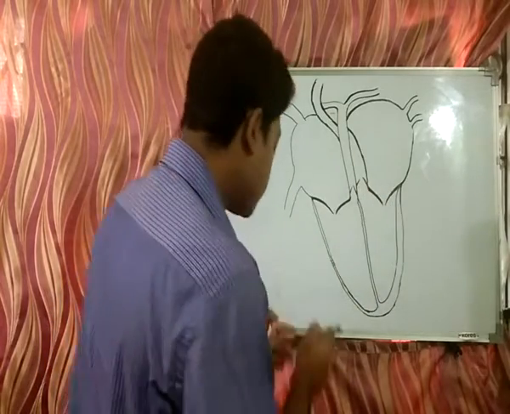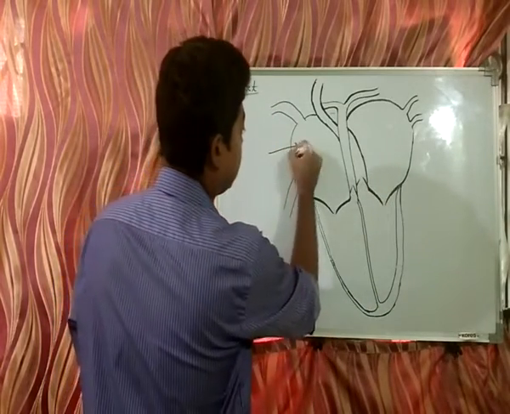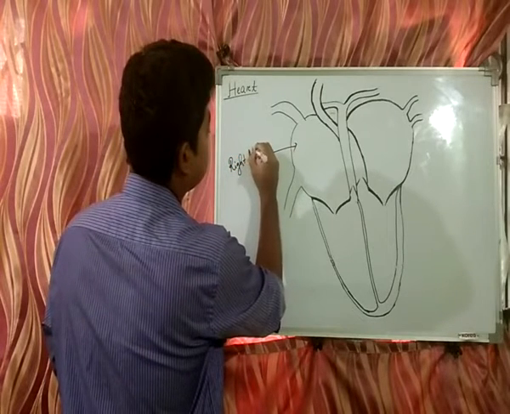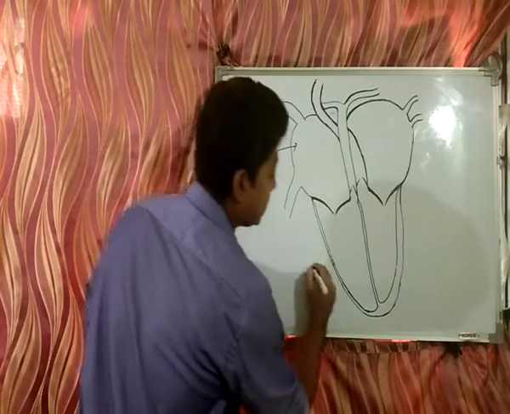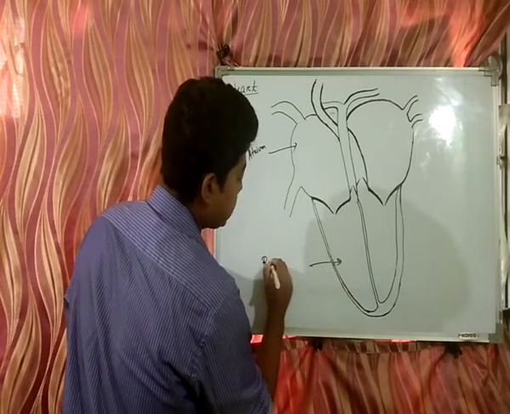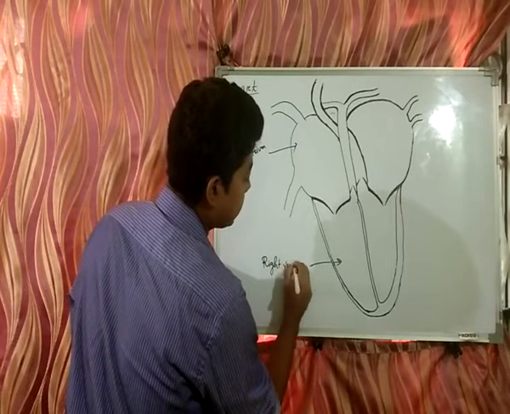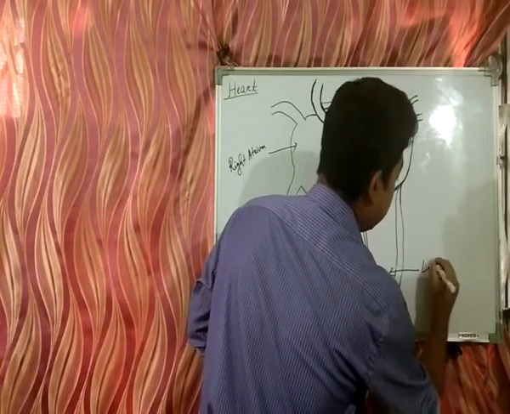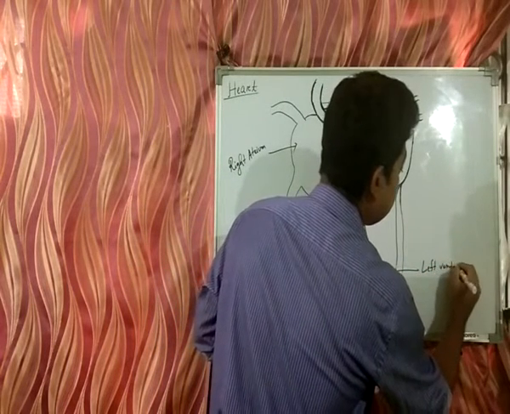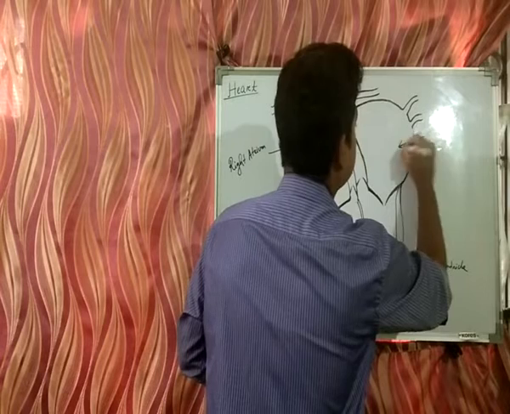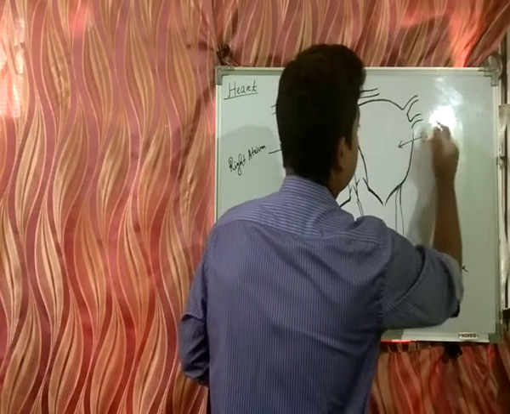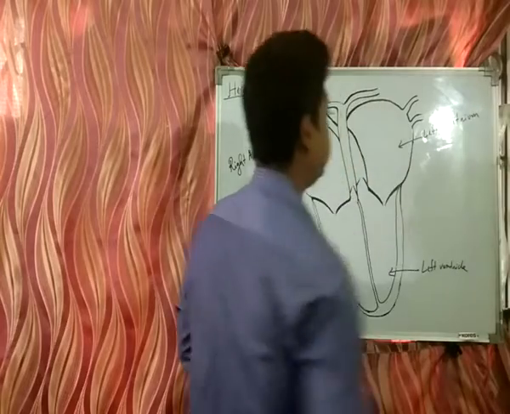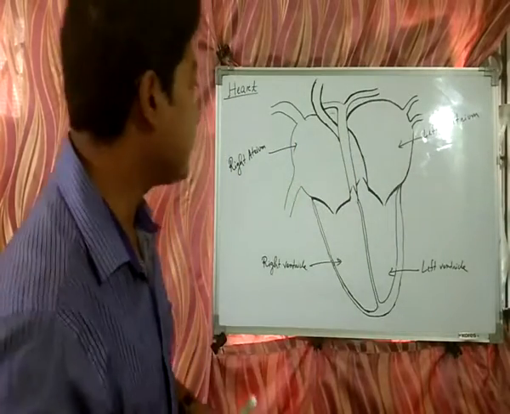So this part is the right atrium, and this part is the right ventricle. This is the left ventricle. This part is the left atrium. These are the total four chambers.